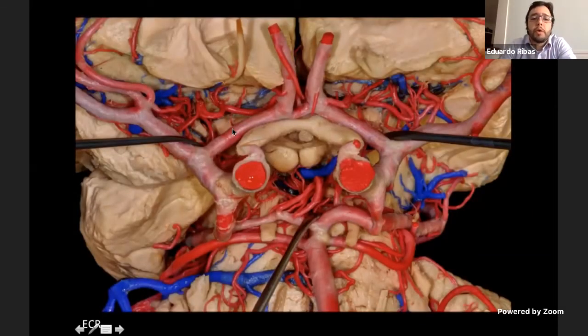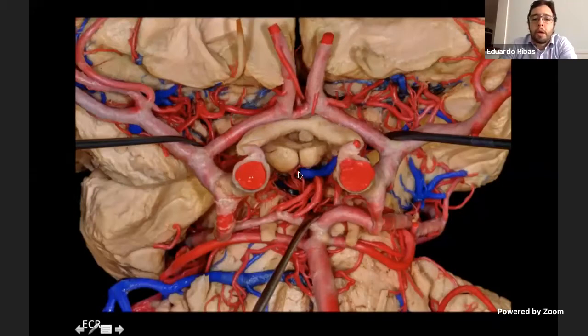So these perforators will arise from the proximal segments of the circle of Willis and will perforate the anterior and the posterior perforated substance and supply the central core. So the anterior perforated substance here will be perforated by the lenticulostriate arteries that are arising from the ICA bifurcation, proximal segment of M1, A1, and it will supply the lentiform nucleus, the striatum, and the internal capsule.